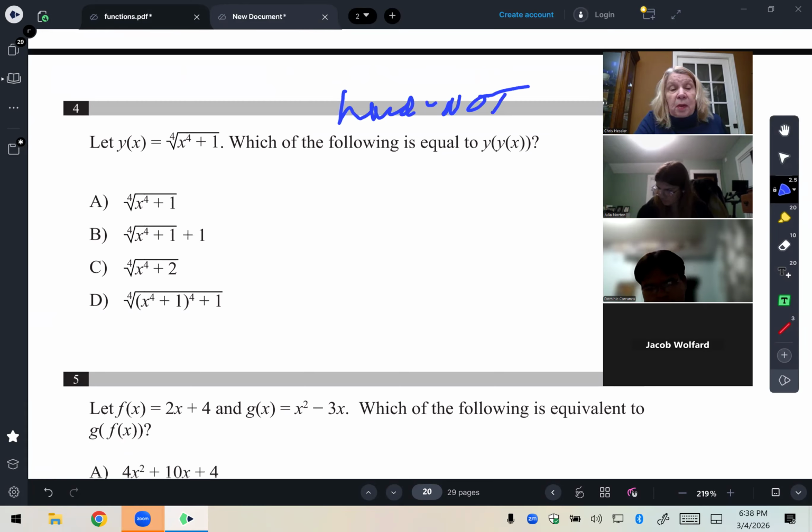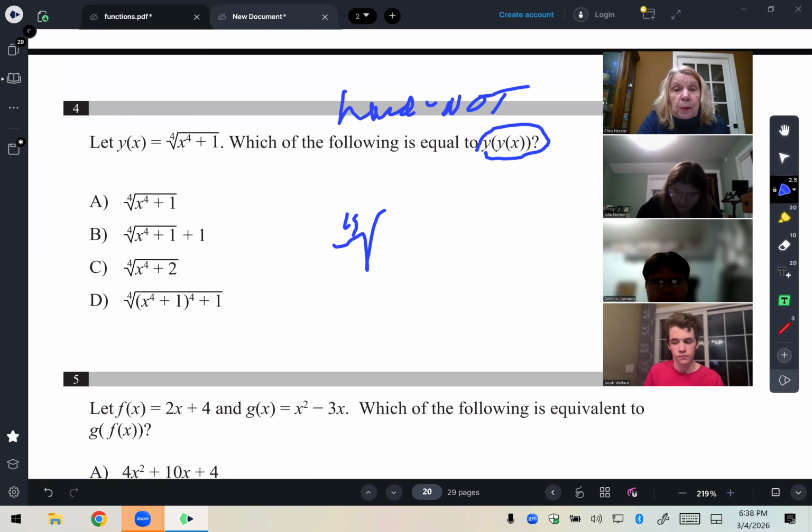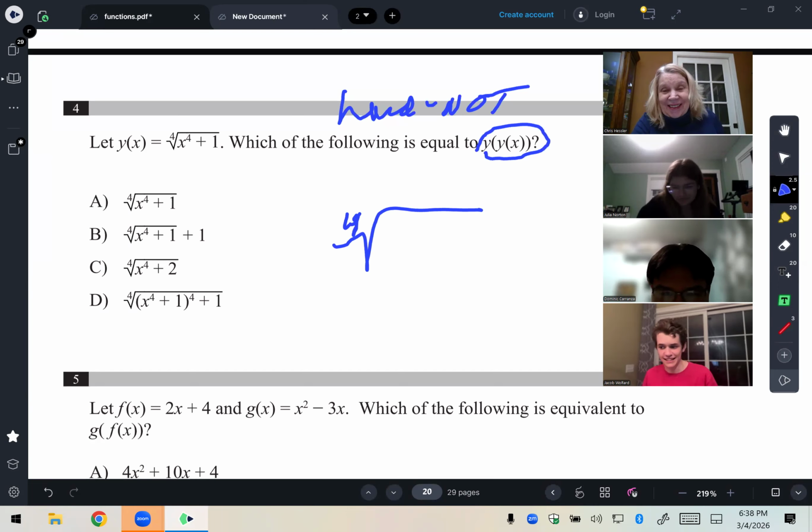But I'll just explain it. So when I'm putting the function back into itself, that's what that means. So I'll have fourth root. So look at number 4. You won't get this one on page 20.